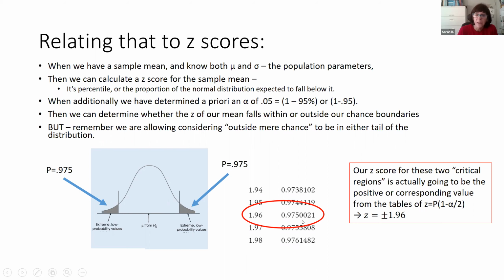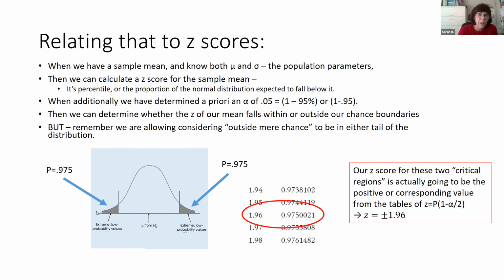So it can be the z that is beyond a probability of 0.975, or 2.5% of values, or it can be the negative z that corresponds to below 0.025. So it's actually at the 0.025 percentile.